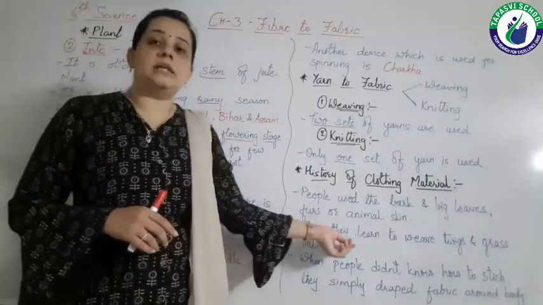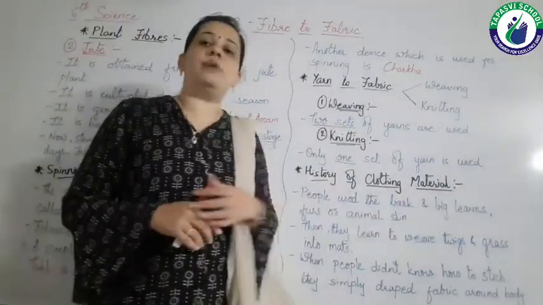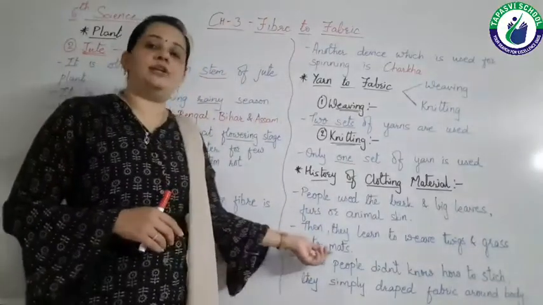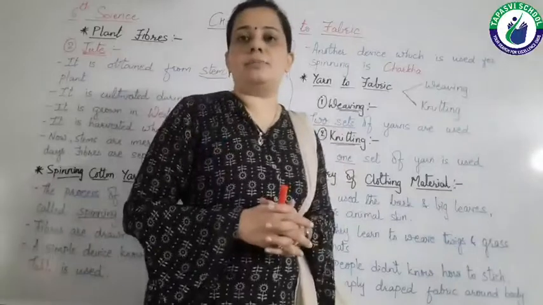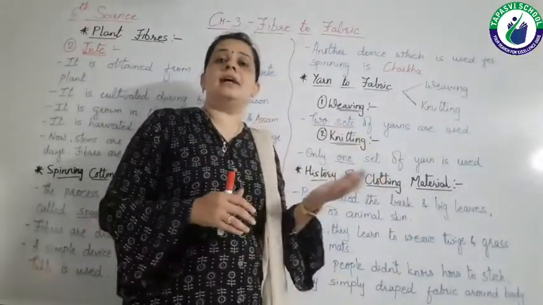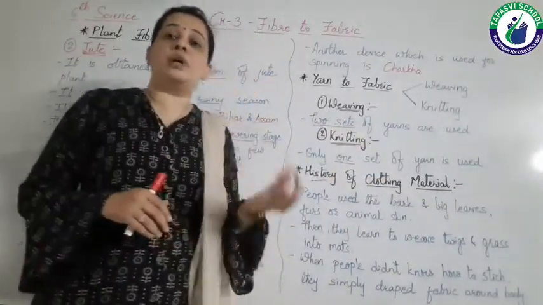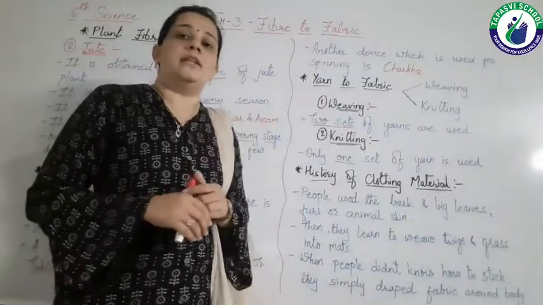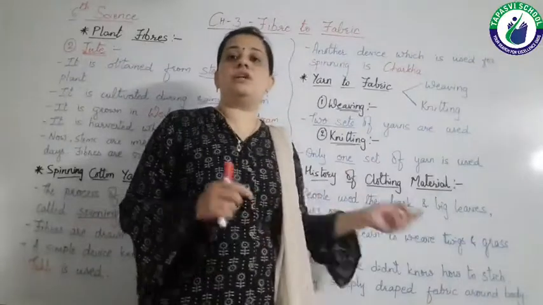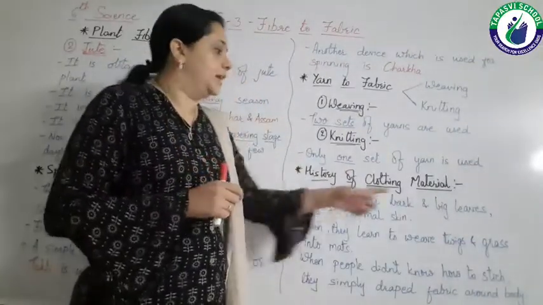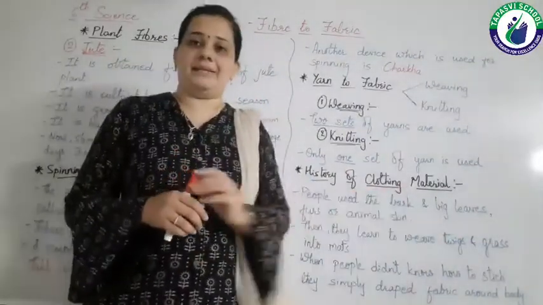Then they learned to weave twigs and grass into mats. As the agriculture period came, as people learned how to cultivate crops, at that time they learned how to weave twigs and grass into mats.